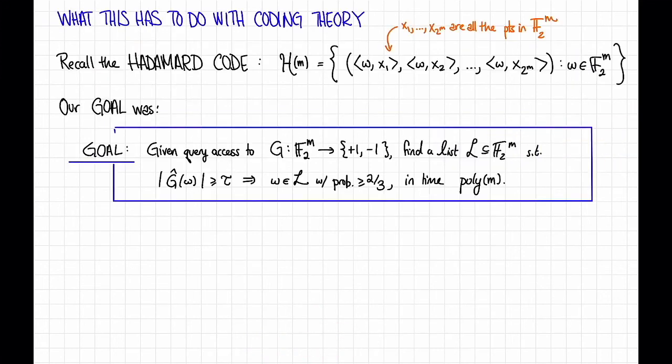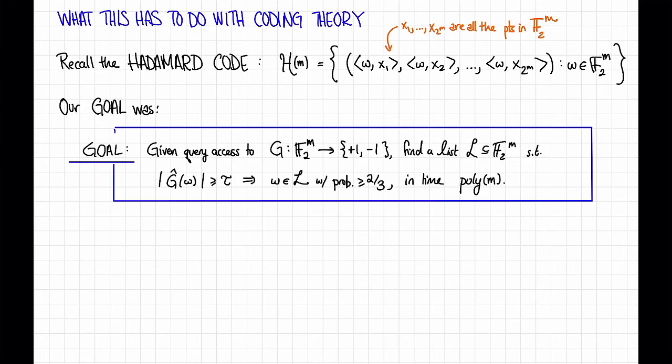In more detail, let's recall the definition of the Hadamard code from a previous video. H of m is equal to the set of vectors omega inner product x1, omega inner product x2, up to omega inner product x 2 to the m, for all omega in F2 to the m, where x1, x2, up to x 2 to the m is just an enumeration of all of the points in F2 to the m in some order, doesn't matter what.